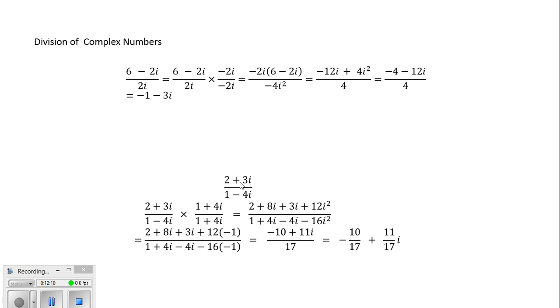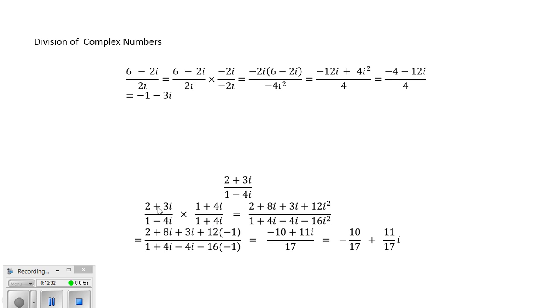Here is a complex number 2 plus 3i divided by 1 minus 4i. Again, the division becomes multiplication with the conjugate. The conjugate is 1 plus 4i, because all we do is change the sign, with the denominator over itself.